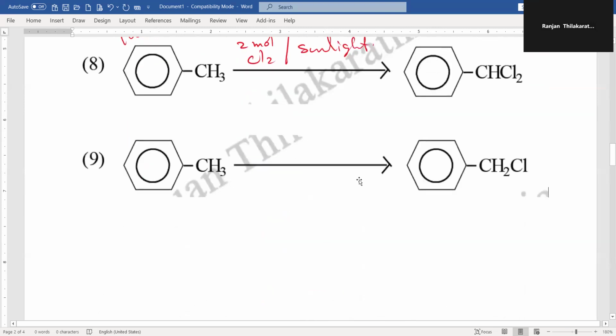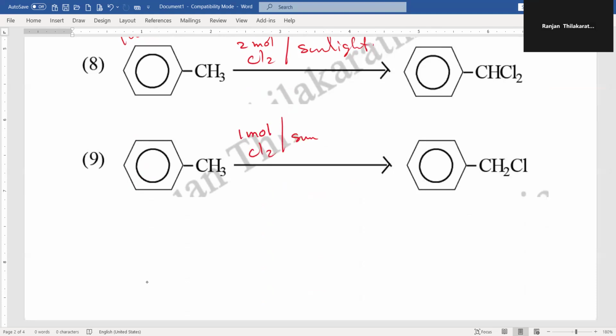So even here you can add only 1 mole of Cl2 with the sunlight. That means you can use 1 mole of toluene with 1 mole of chlorine and expose that to sunlight. Then you will get this product as one of the products.